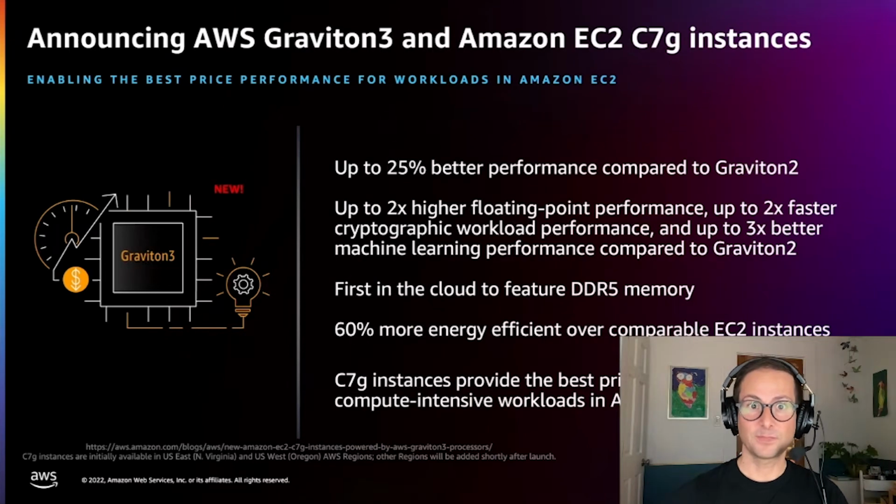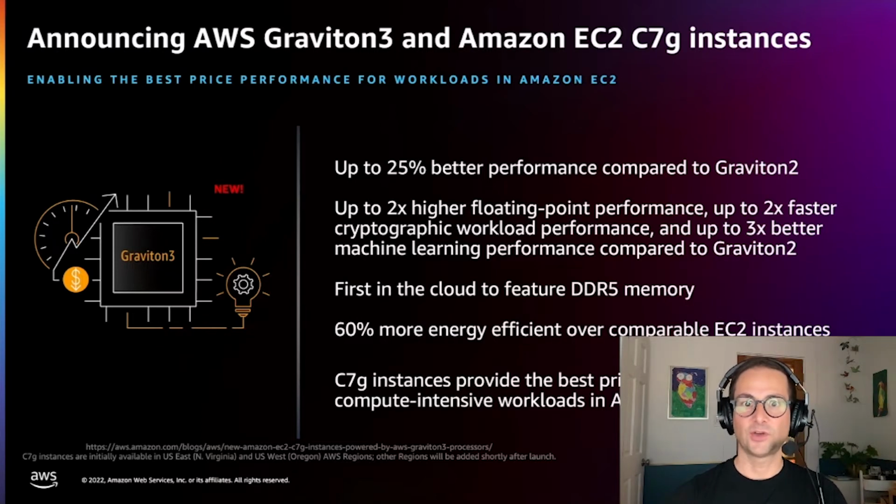Graviton3 is now powering a first generation of EC2 instances, the C7g. The processor itself offers up to 25% better performance compared to our previous generation of Graviton processor, the Graviton2. For some specific workloads, you can get even better performance.